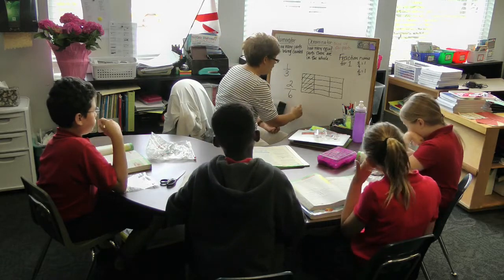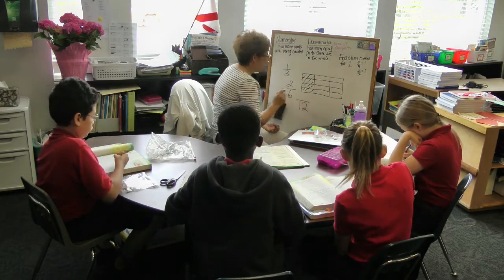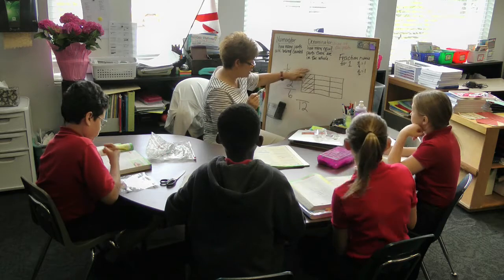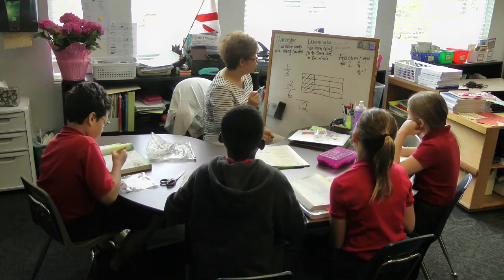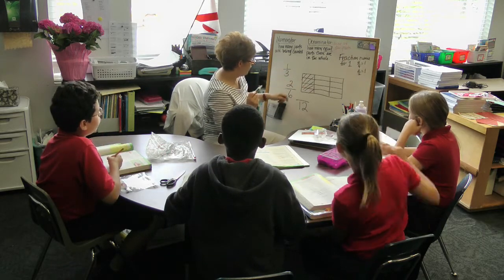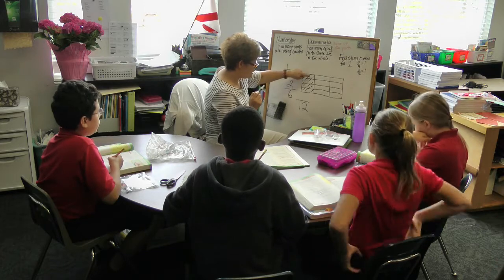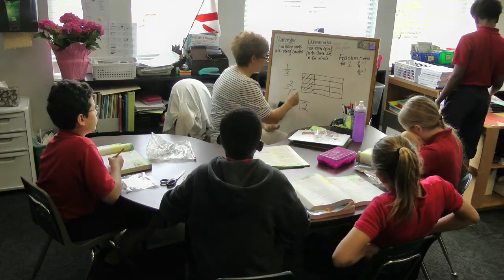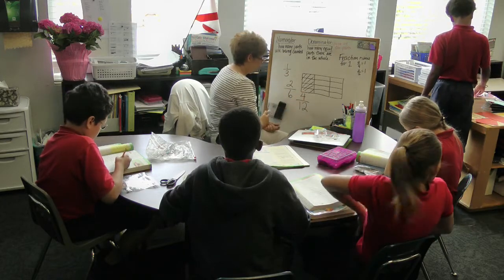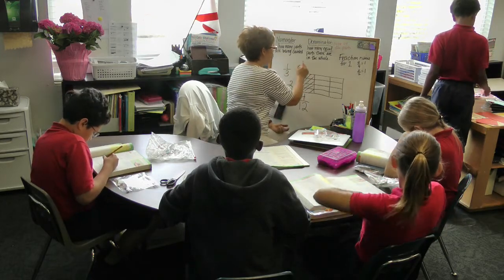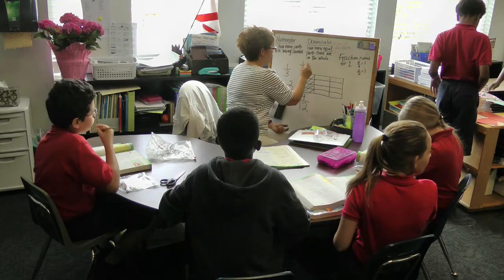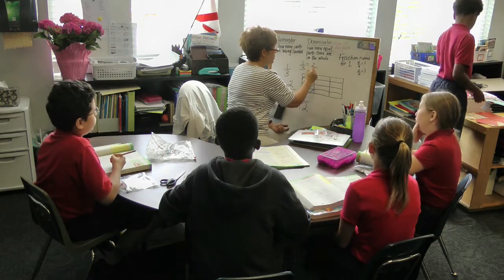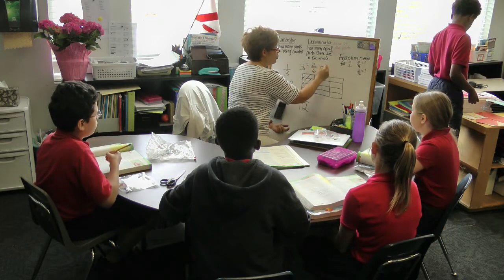Now he has 12 pieces. And how many parts are shaded in? 4. So this part, the numerator, is how many parts we're counting, and we're counting 4. So we have 1/3, which is equal to 2/6, which is equal to 4/12.